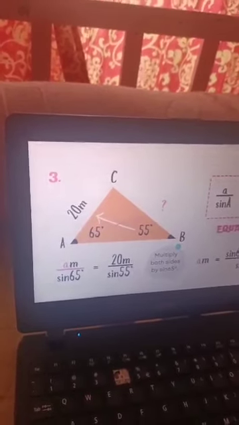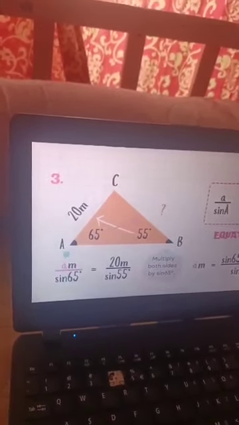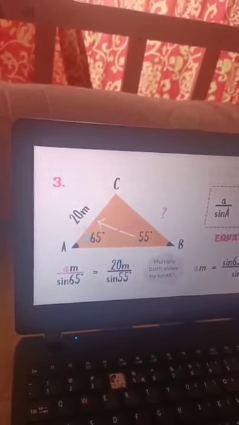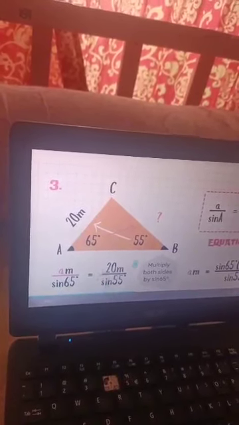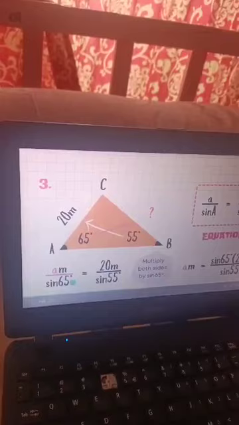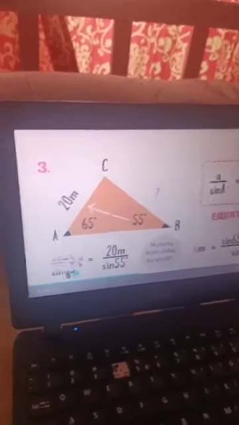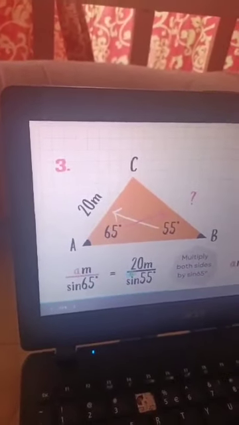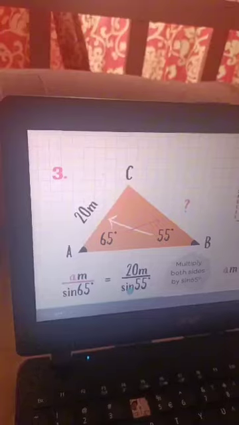So, kukunin po natin yung angle A and angle B. So, sila po yung denominator. Yung nasa numerator po is 20 meter. So, magiging A over sine 65 degree equals 20 meter over sine 55 degree.